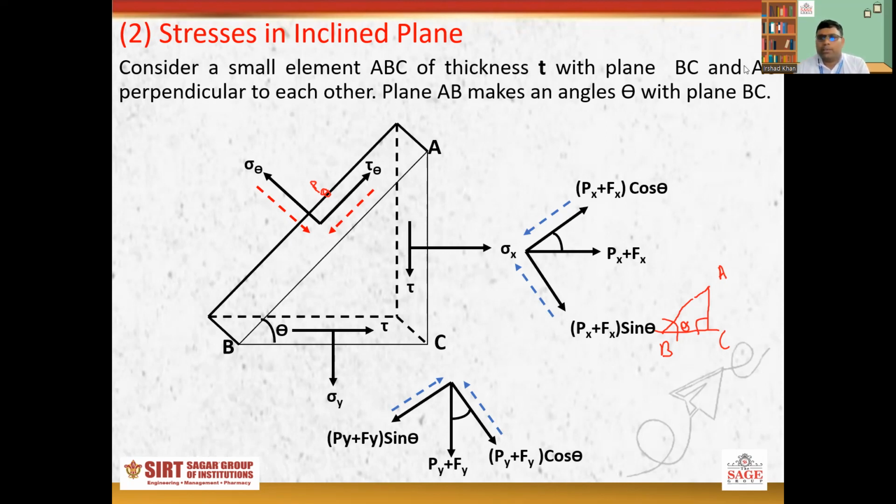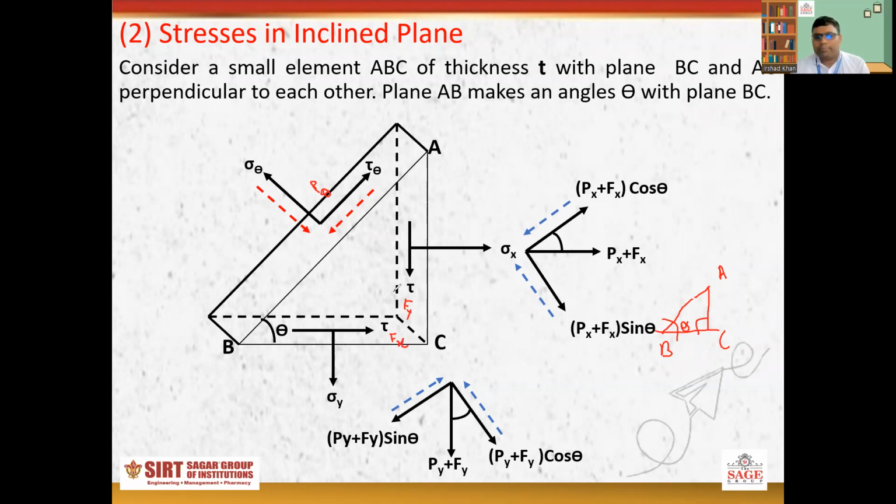Here what happened actually, this is applied. So there are two forces here, and this direction is responsible for this shear stress, that is F. Suppose this is F. Because it is going along Y, we can write it as Fy, and this is moving toward X and we can write it as Fx.